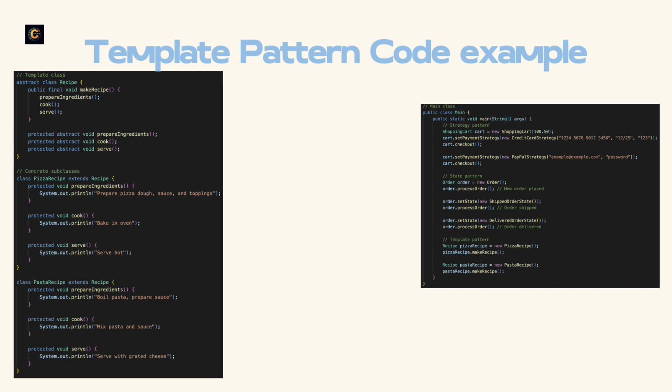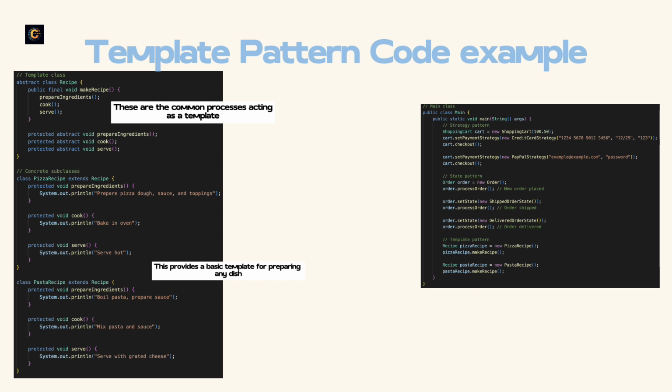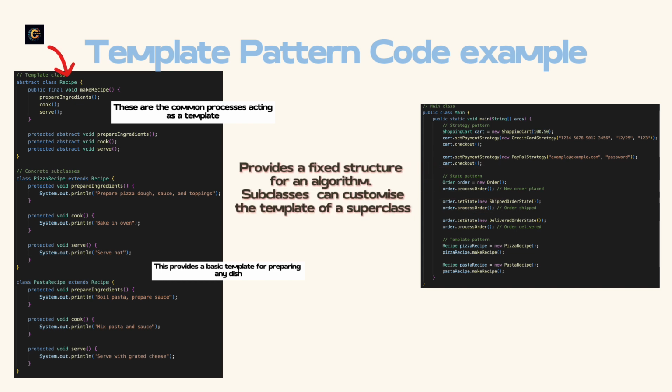In the example here, in simple terms, template pattern provides a template for preparing any dish. Now, whatsoever the common processes are for making a pizza or a pasta, they both can leverage the template design pattern to allow all the common steps involved in the making of a pizza or a pasta. The template pattern provides a fixed structure for an algorithm, but all its subclasses can customize some certain parts of it.